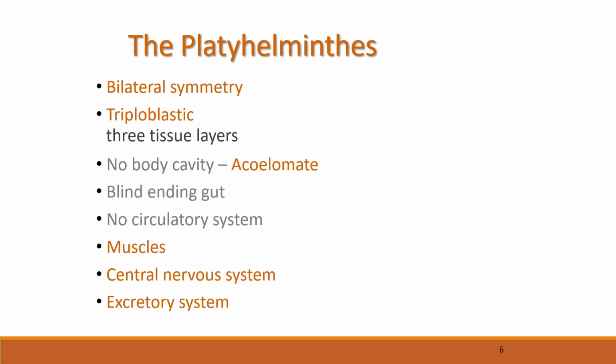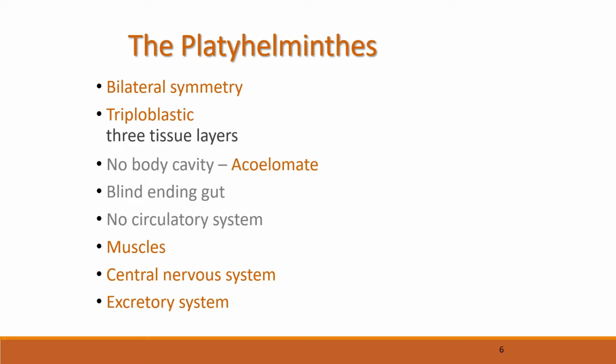So we're moving away from the simpler body plans of the Cnidarians, and again we're seeing another step or increase in complexity. So with the platyhelminths, we start to see bilateral symmetry. We've got three tissue layers rather than two. They are acoelomate, meaning they don't have a body cavity, similar to the sponges and the Cnidarians.